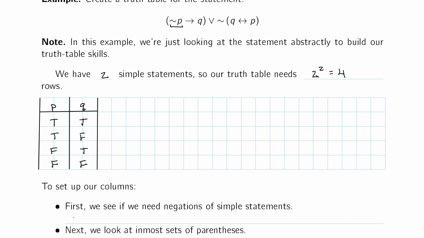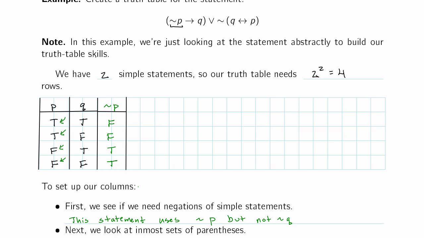So this statement uses a not P but not a not Q, so we'll have a not P column. Not P has the opposite truth value from P. So when P is true, not P is false. P is true, not P is false. P is false, not P is true. P is false, not P is true.